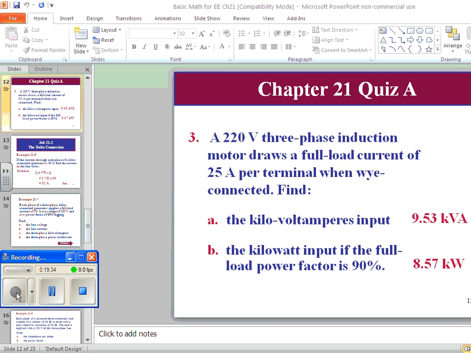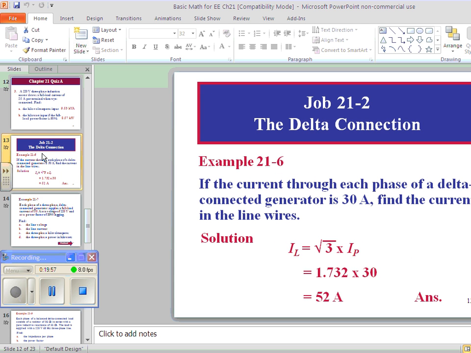So now if we have 9,526.55 VA, we're going to multiply that times 90%, and we're going to wind up somewhere around 8.57 kW. Is that correct? All right. Yeah. Good deal.